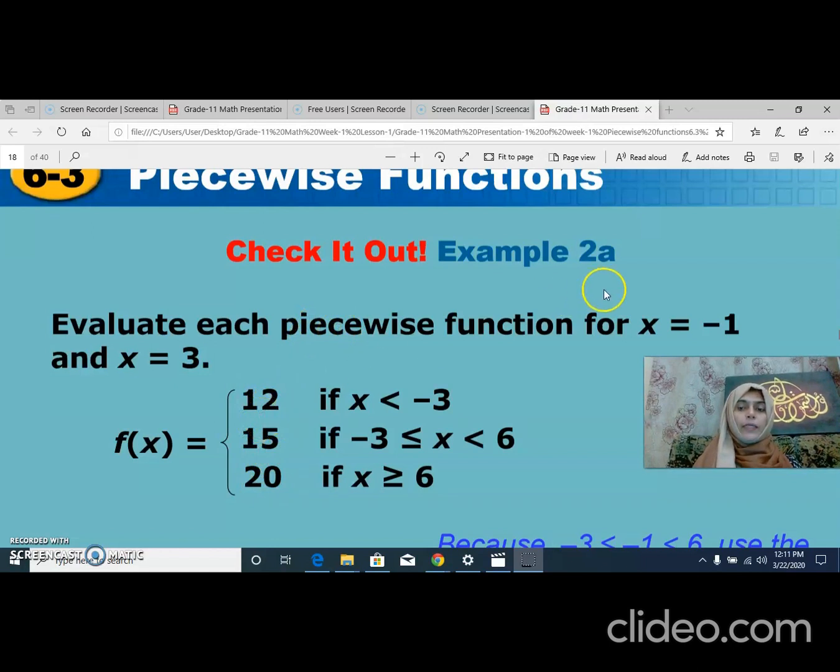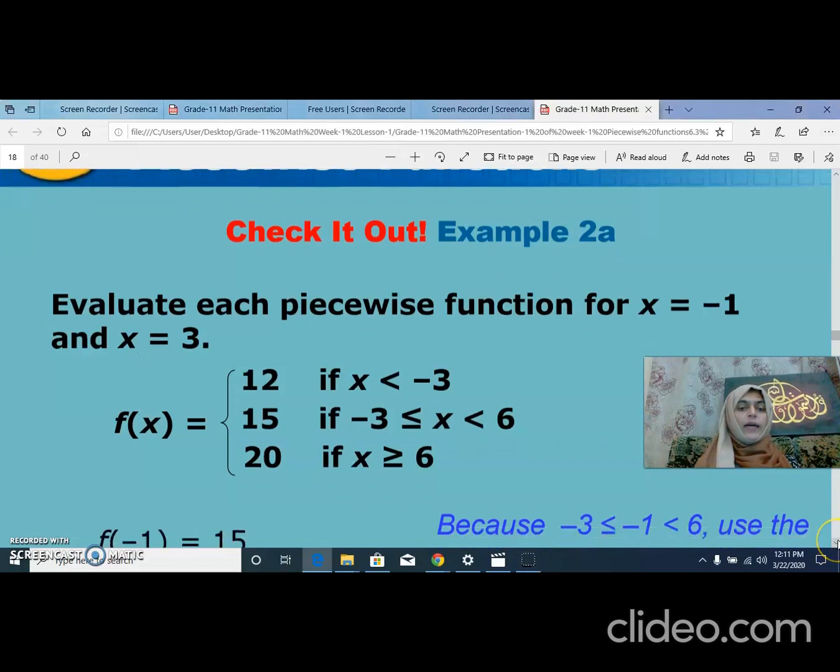How would you evaluate? When x is negative 1, where is x negative 1 in here? See your x value, choose the domain, choose the rule properly. Negative 1 is in between negative 3 and 6. So you have this value, 15, as the y value.